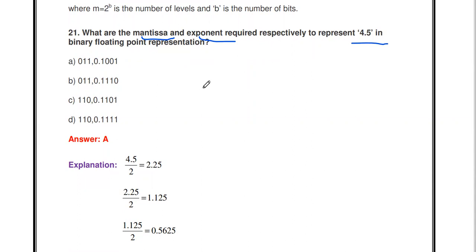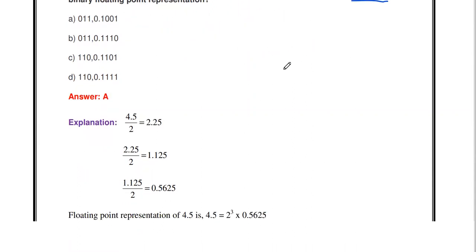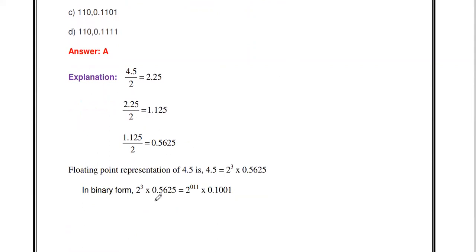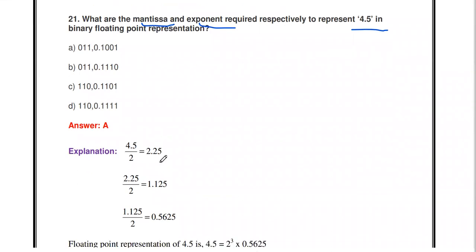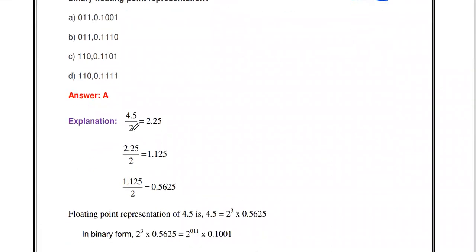To find the mantissa and exponent, first we take the decimal number 4.5 and divide it by 2, until we get a quotient that is a fraction. First, 4.5 divided by 2 gives 2.25. In this, the integer part is there, and the fraction is also there.